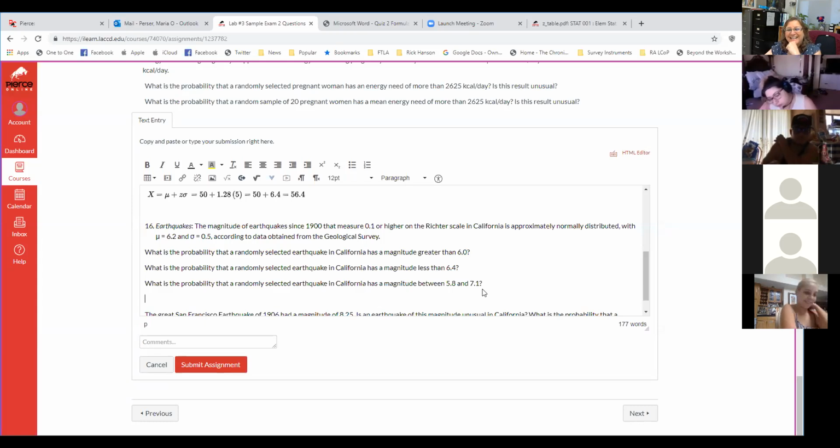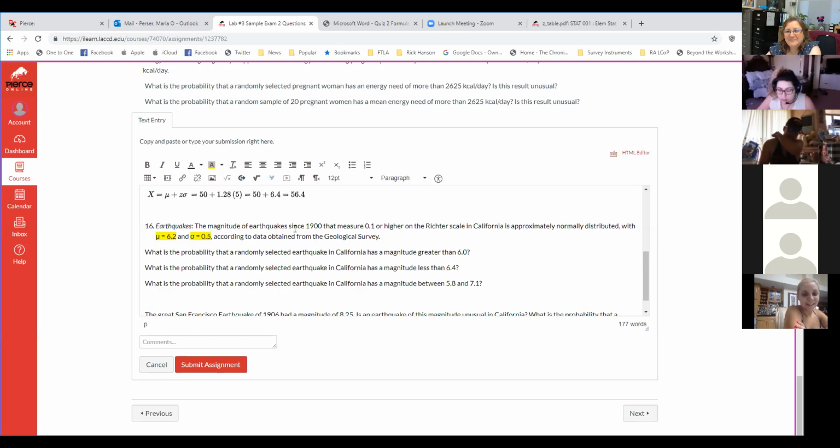This is where you have to figure out what's irrelevant here and what's important. What is relevant is anywhere where you see mu, and sigma. That is the only thing that's relevant here.